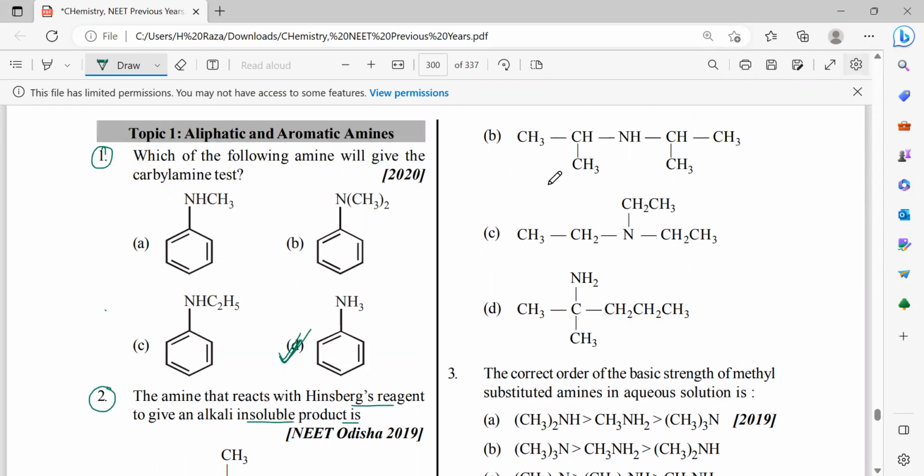This is your option B, C, D. Insoluble product.